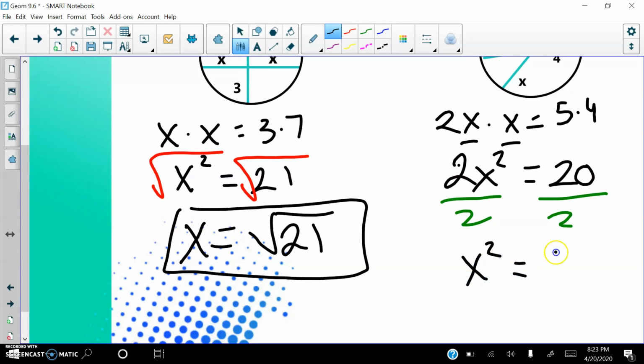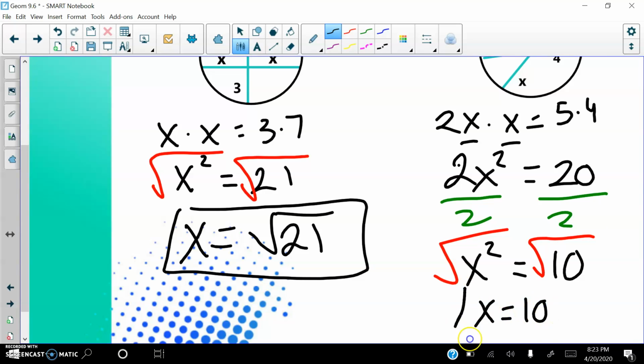I get x squared is equal to 10. And to get x by itself, I got to get rid of that square, so I got to square root both sides. And I get x is equal to the square root of 10. And if you need to double check, you can always plug stuff back in and it should wind up working out.